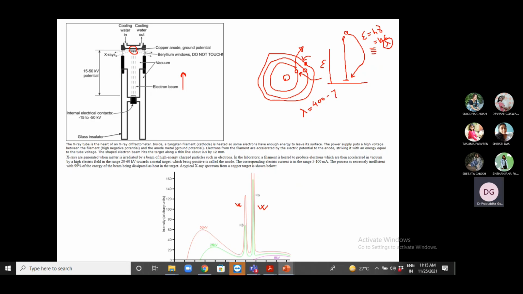Angstrom or nanometer, I forgot. 400 to 700 nanometer. So here you will get around 2 to 4 nanometer in case of X-ray. So the wavelength is so small that it comes in the range of the length of those chemical bonds.